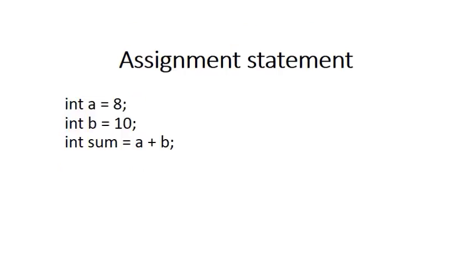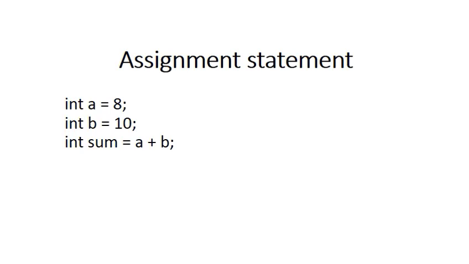Before I go further on operators, I just want to discuss the concept of the assignment statement. That is that equal sign that you see in these 3 commands. Now what happens with the assignment statement is as follows. Let's look at int sum is assigned to a plus b. There's 2 things that happen when the program executes this statement.